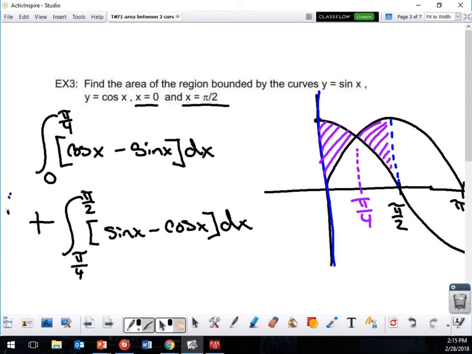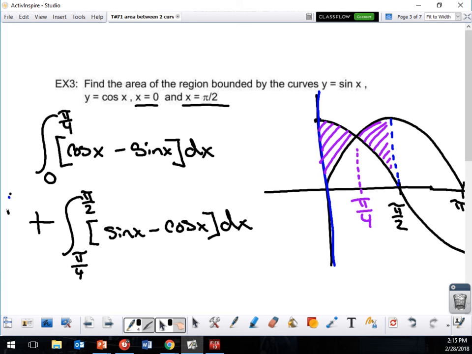So I've gone through and I did both parts here. Okay, so I could actually do these and start plugging stuff in. Then I add the two together because I'm adding this area here and this area together to get my total area in between the two curves.